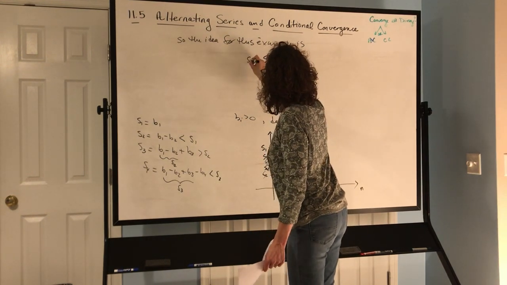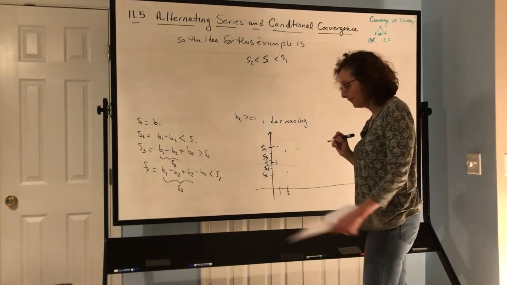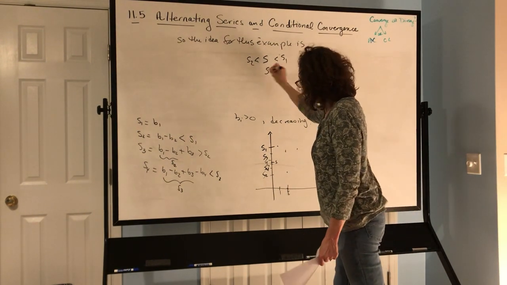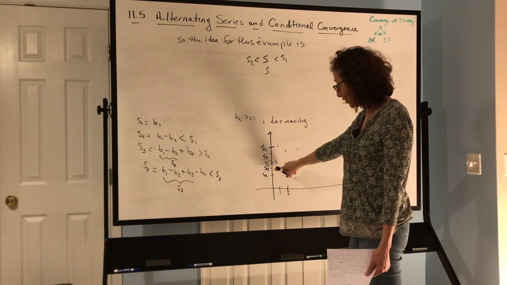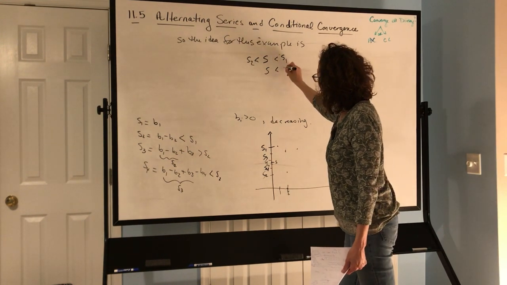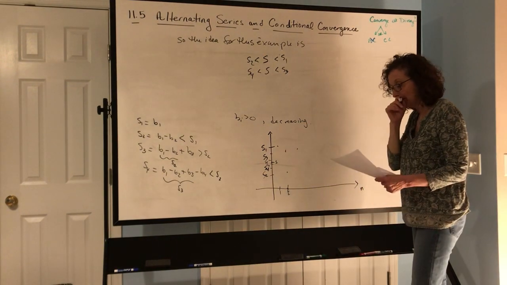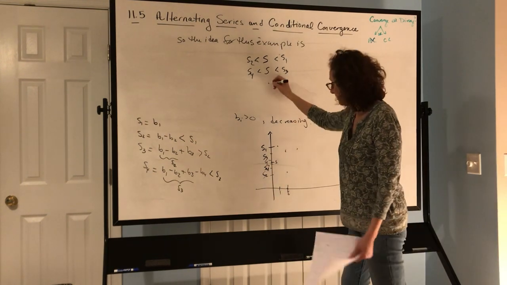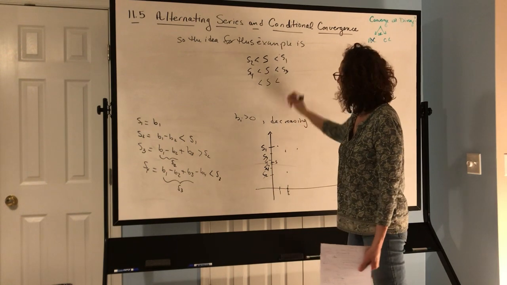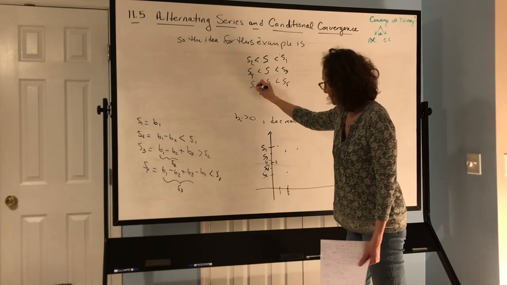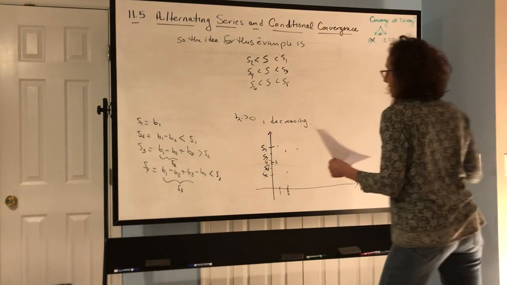In this case S2 is smaller than S and S1 is bigger. At the next step, he was between S3 and S4, but this time S3 was bigger and S4 was smaller. Then the next time he's between two more partial sums, but this time S5 is bigger and S6 is smaller. Does this make sense?